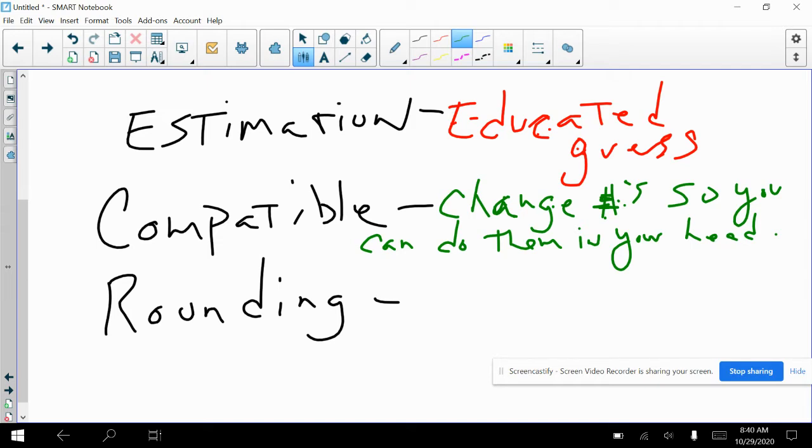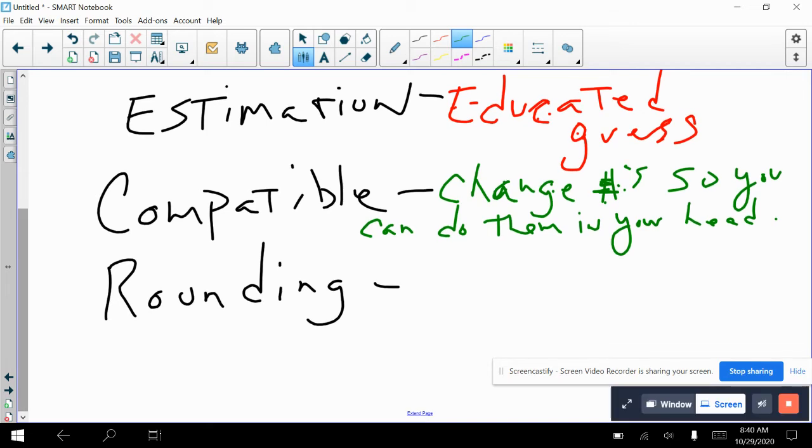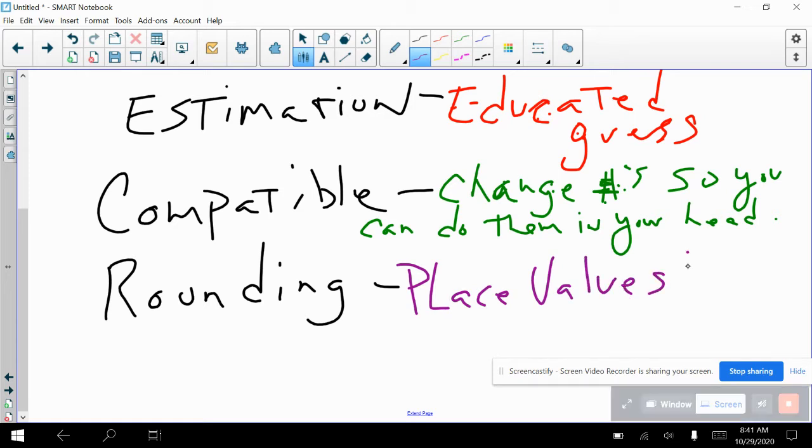Okay, and then we threw in this rounding thing that throws everybody for a loop. Rounding, you have to know your place values. Rounding is to a specific place value.